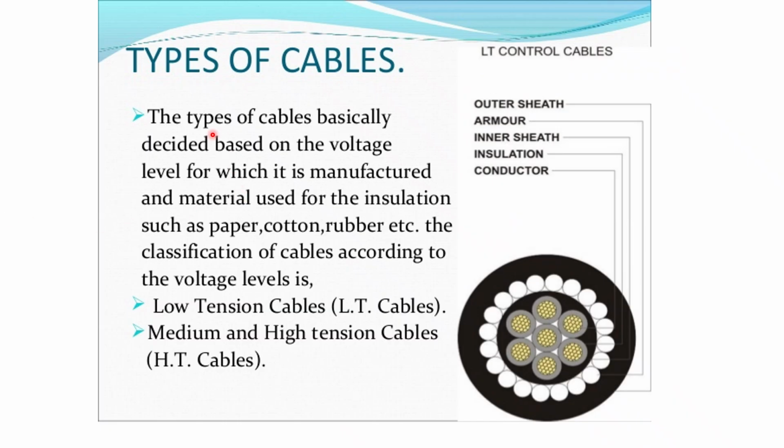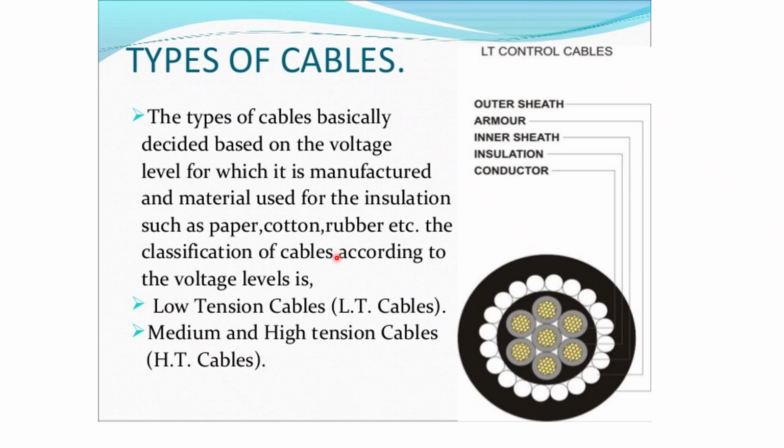Friends, now type of cable as per their use. The types of cable basically decided based on voltage level for which it is manufactured and material used for insulation, such as paper, cotton, rubber.